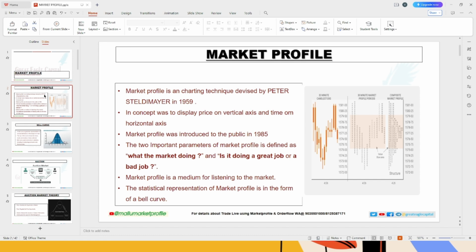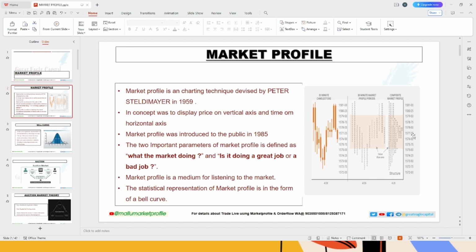He put time on the vertical axis, and price on the horizontal axis, so that people can understand at what time which price was traded. This is how he introduced market profile charts in 1959.